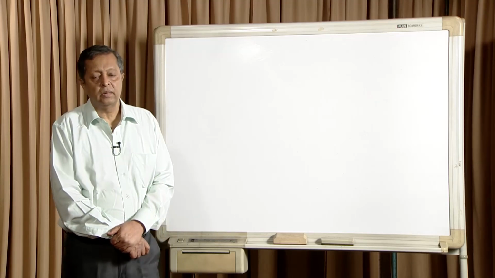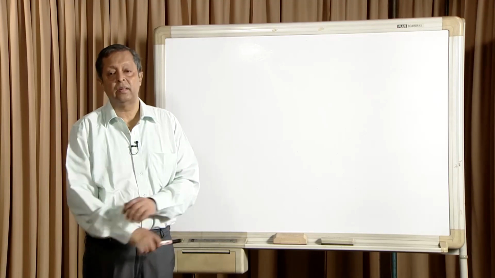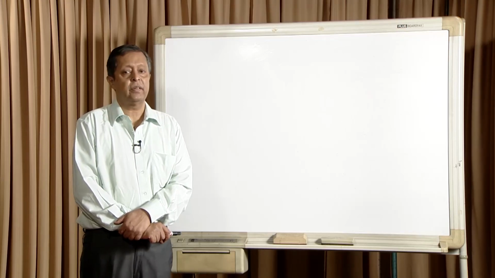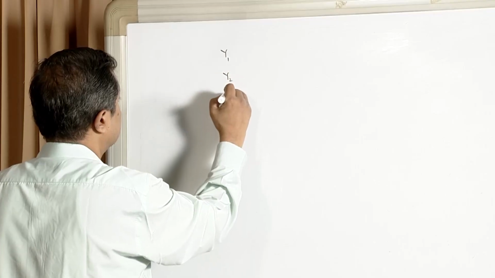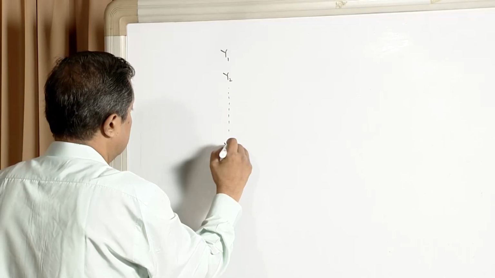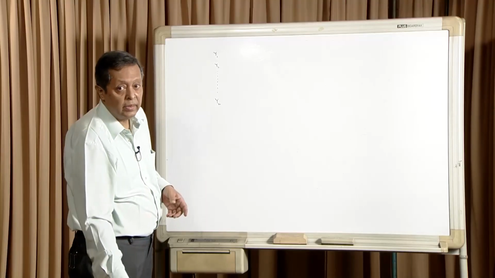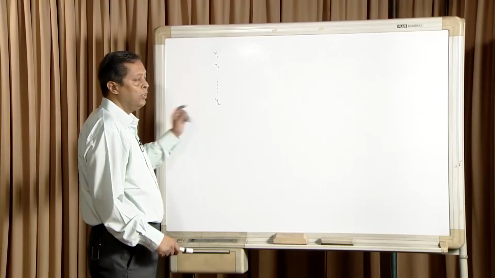Let us now take a look at the full k variable model represented in matrix form. The explained variable, as we know, is y, and there are n observations.